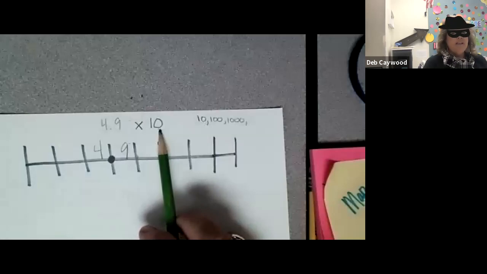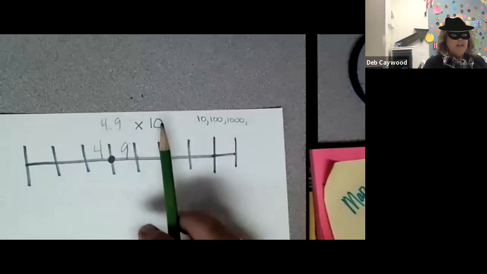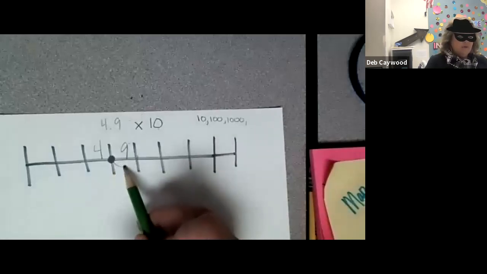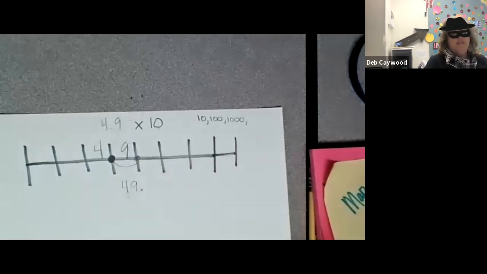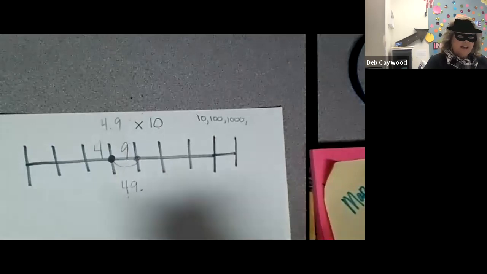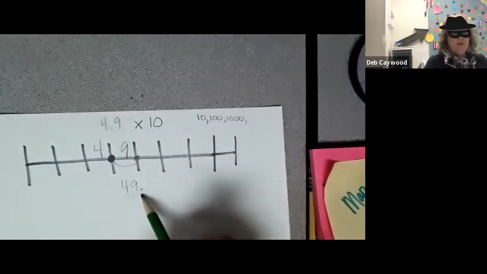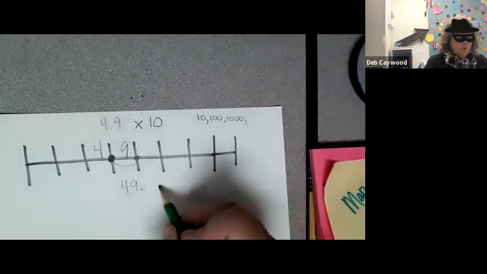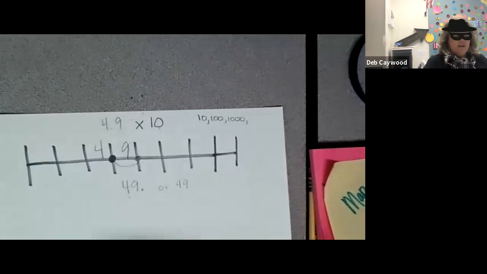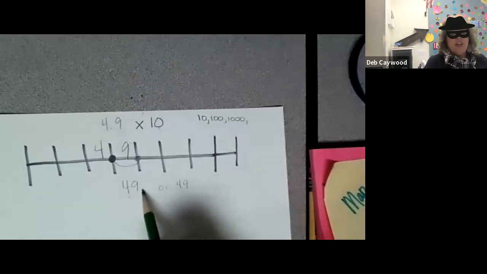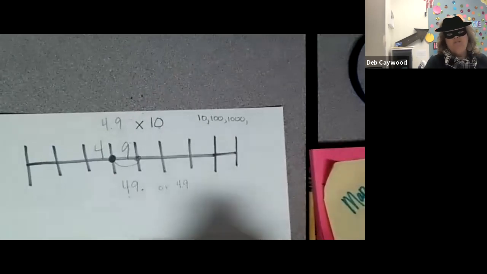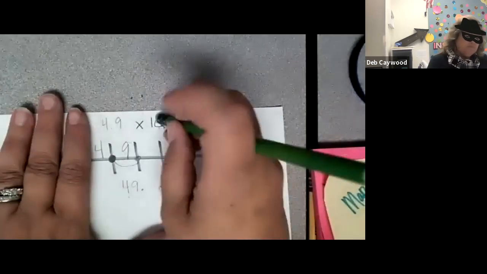And I'm going to move my decimal to the right 1 place. So I would move it here. So my answer would be 49. And it would be appropriate for you to write the number 49 point if you wanted to, or you could just write 49. Both things would be right, because anytime the decimal is at the end of the number and there's nothing that follows, we know that that's kind of like an invisible decimal point.